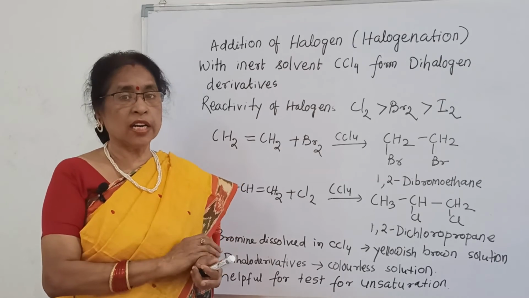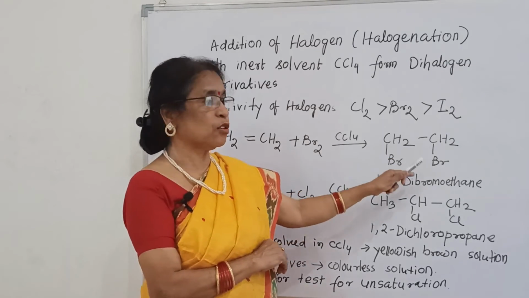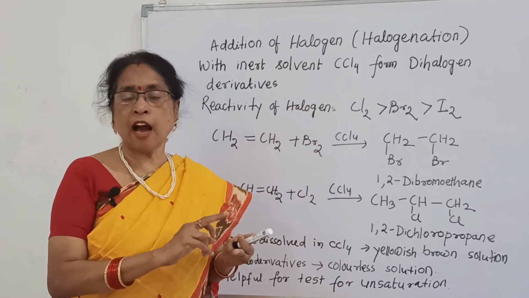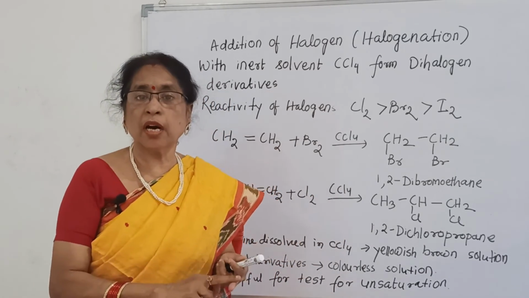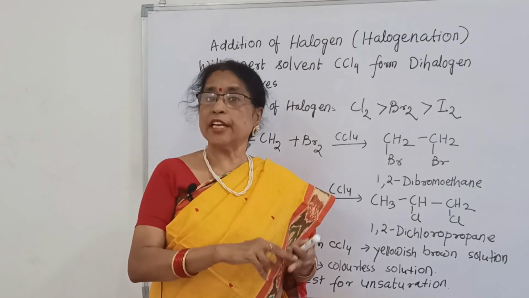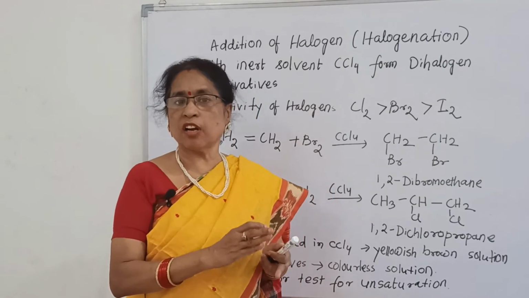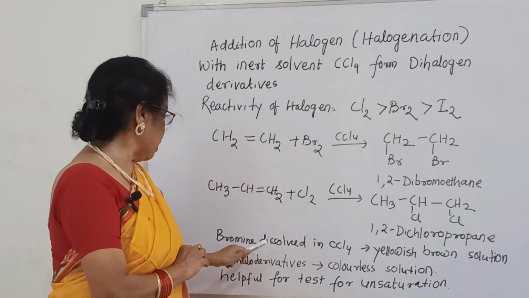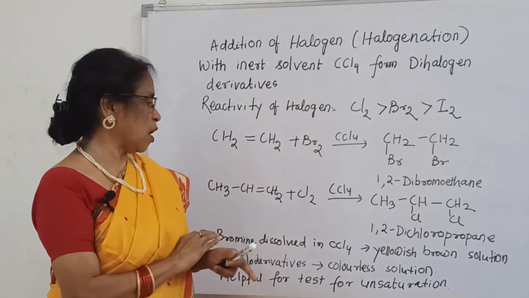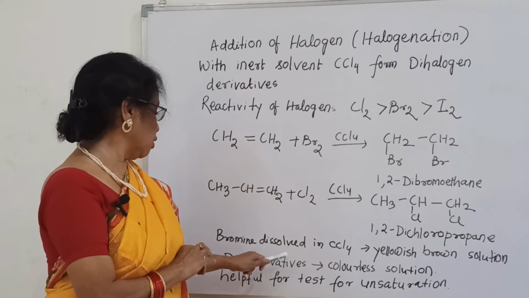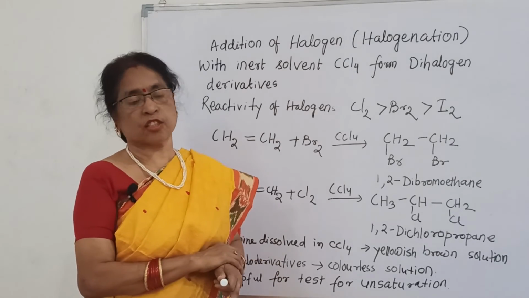What is that colorless solution? That is dihalogen derivative. Dihalogen derivative of what? Alkane. Always remember, dihalogen derivative of alkane is colorless. Now here bromine dissolved in CCl4 gives a yellowish brown solution. Dihalo derivative is a colorless solution.